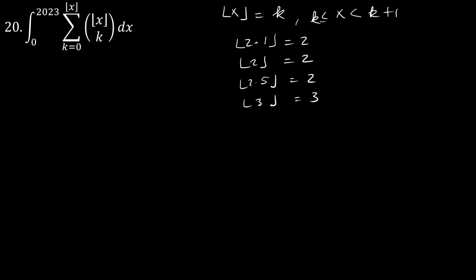So what this is telling us is that since our integration interval is 0 to 2023, that means from 0 to 1, the value of the floor function of x is going to be equal to 0.